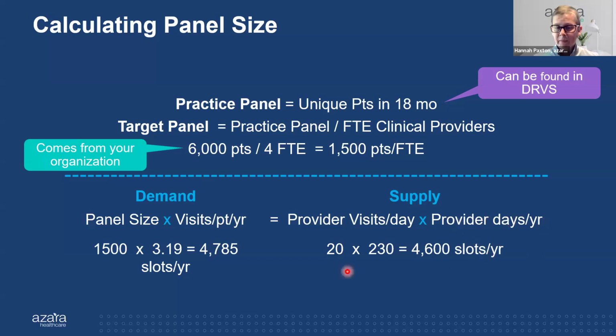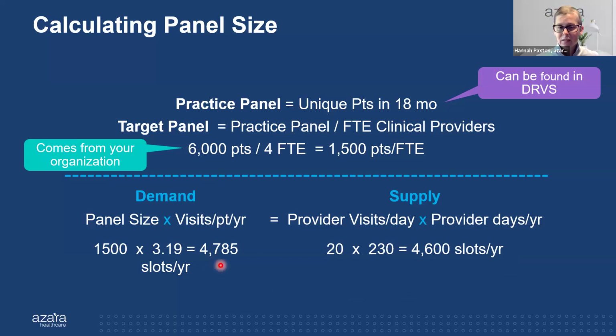So in this example, we're going to say we expect our providers to see 20 patients per day, and they work 230 days per year. And so they're able to provide 4,600 slots per year, which is less than what our ideal target panel would have them doing.